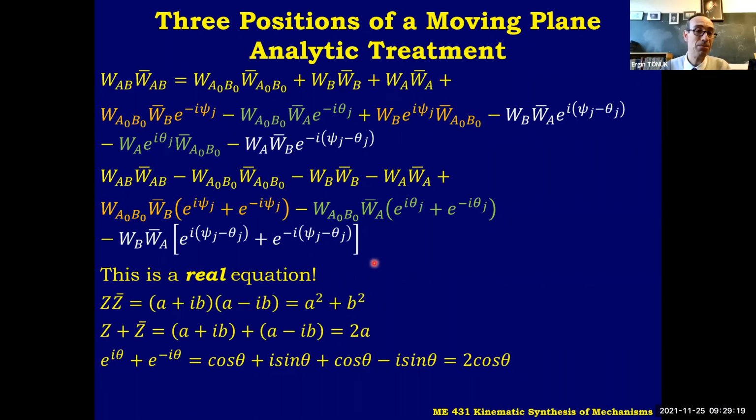So what happens is, you can perform a position analysis using this equation, which yields actually the same equation that we have solved for the 4-bar, either by half tangent substitution or by phase angle method, okay? It will be in terms of cosine of psi and sine of psi for a given theta.